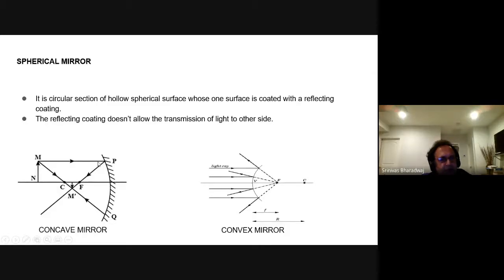This is U. This distance is V. So 1 by U plus 1 by V will equal 1 by f.